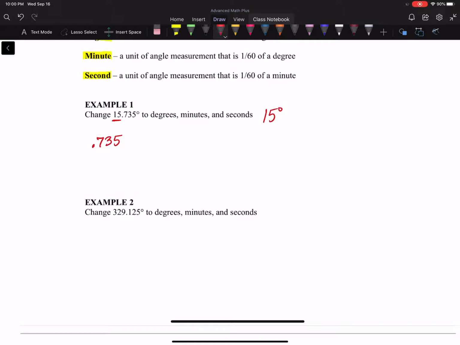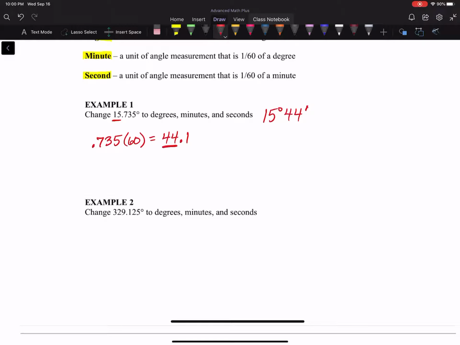So you take that .735 that you have left and you multiply it by 60, because again, there's 60 minutes in 1 degree. We want to figure out how many minutes that is. So if you put that in your calculator, you will get 44.1. So you take that whole number, which means there are 44 whole minutes.